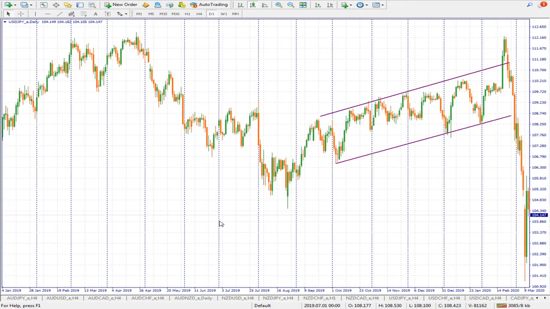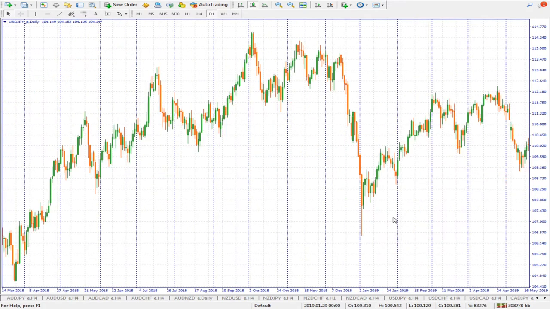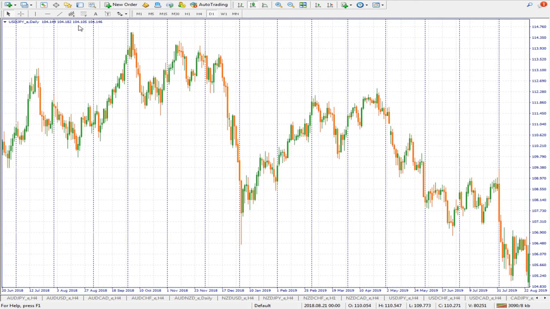Let's get the next example. Okay, this could be a good example of a wedge formation here, and then you have this. Look at what I was saying, that these two are working in pairs.